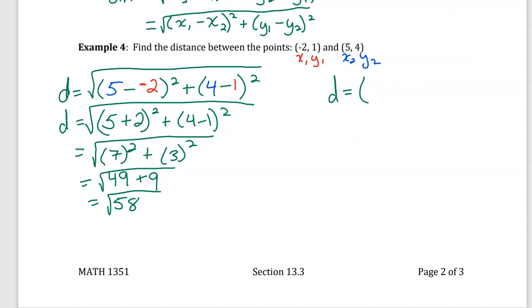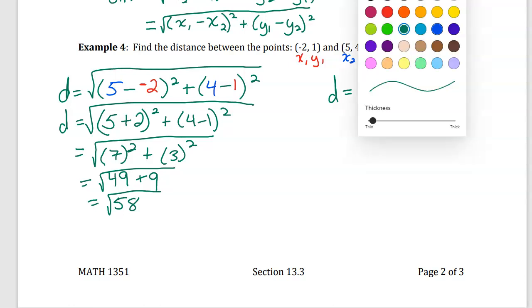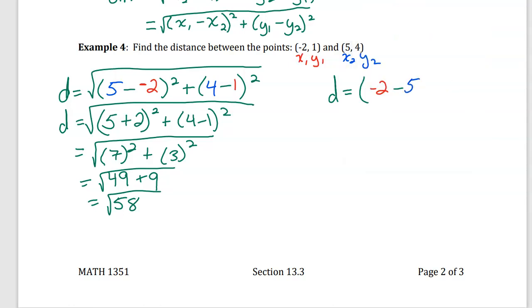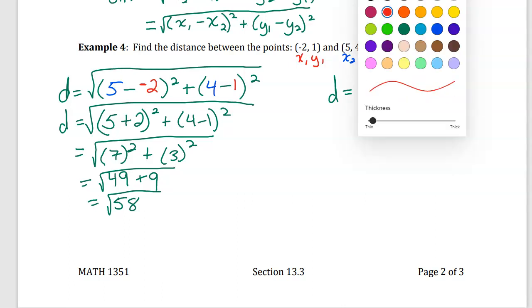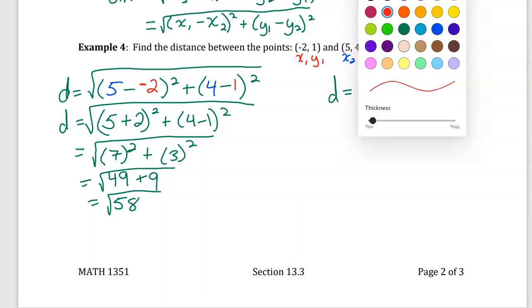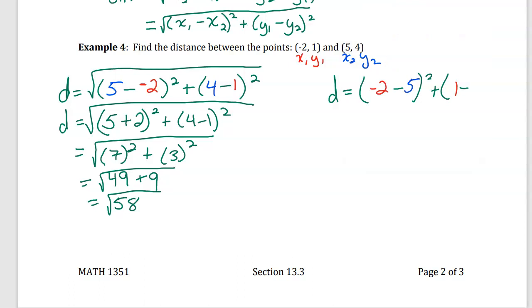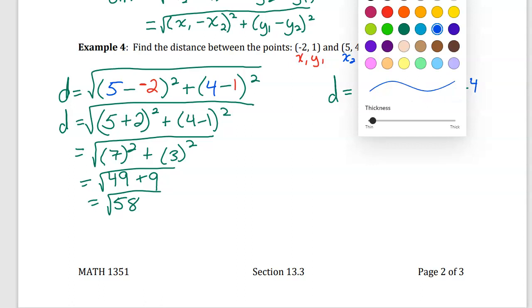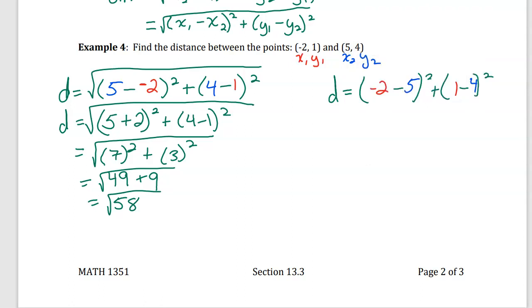So I'm going to do negative 2 minus 5 squared plus 1, let's see here, minus a 4. And that's going to be squared, and I'm going to take the square root.